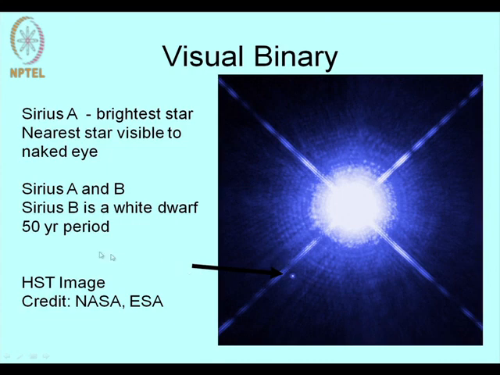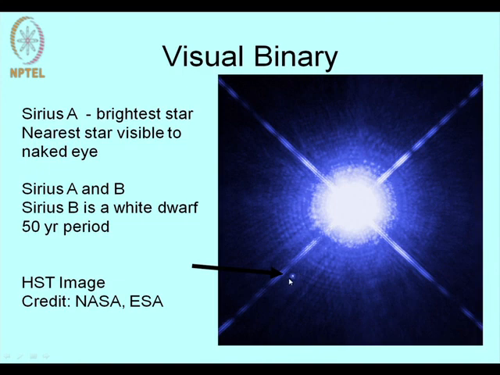And if you wait for 50 years, you can then see the orbit, you can see the two stars moving around on the sky, and from there you can infer certain properties of the orbit depending on the inclination angle, which in general is not known, but you can make out certain properties of the orbit for a visual binary. You will see the two stars moving around over the course of time.